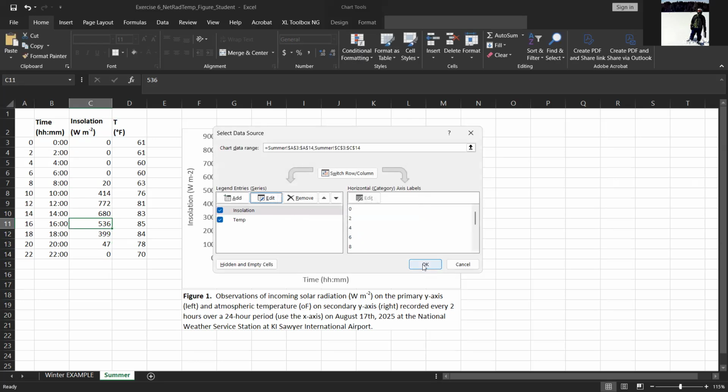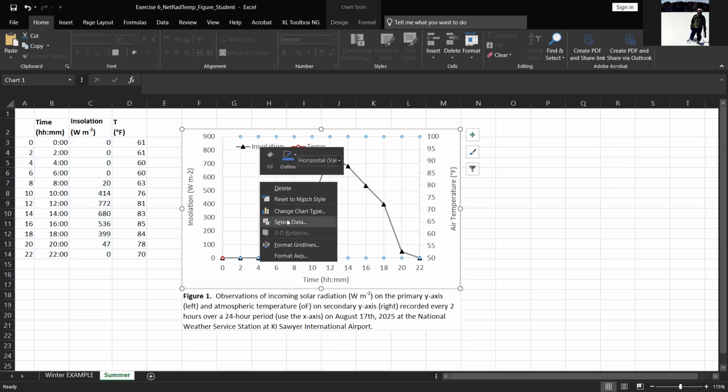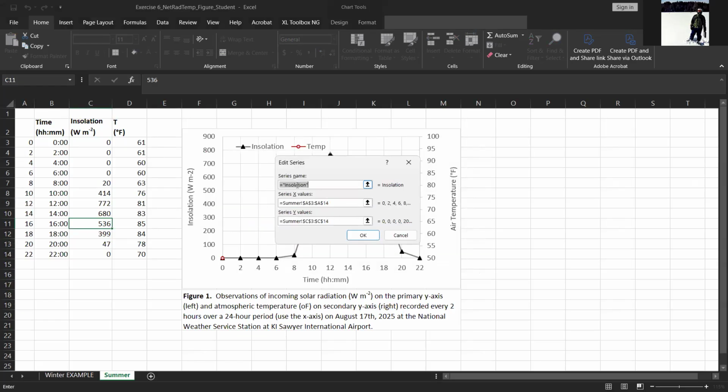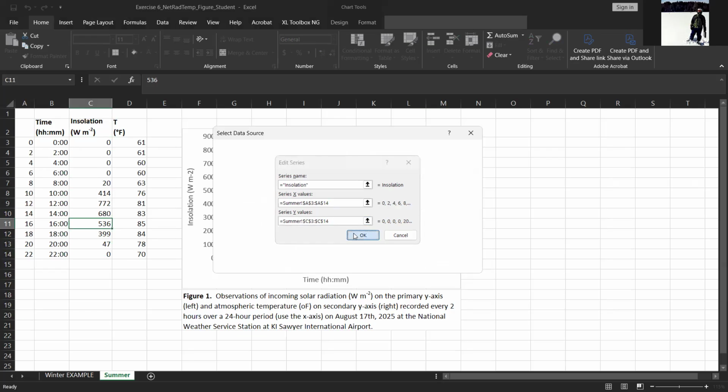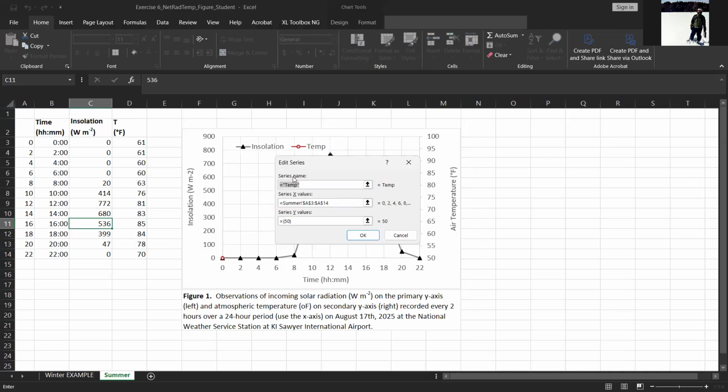And right now I'm just going to push OK just to demonstrate that it did just make this one plot. So again, I right clicked, selected data, and for that, I clicked insolation and edit, and then I highlighted this new range from C3 all the way down to C14, and it's showing the range of data. So I'll push OK, and then you could do the same thing for temperature, where you'll push enter.